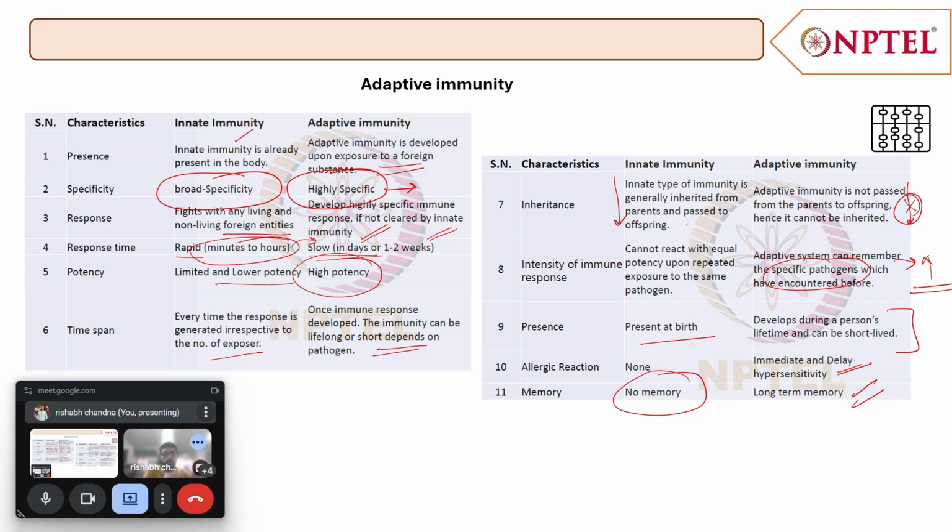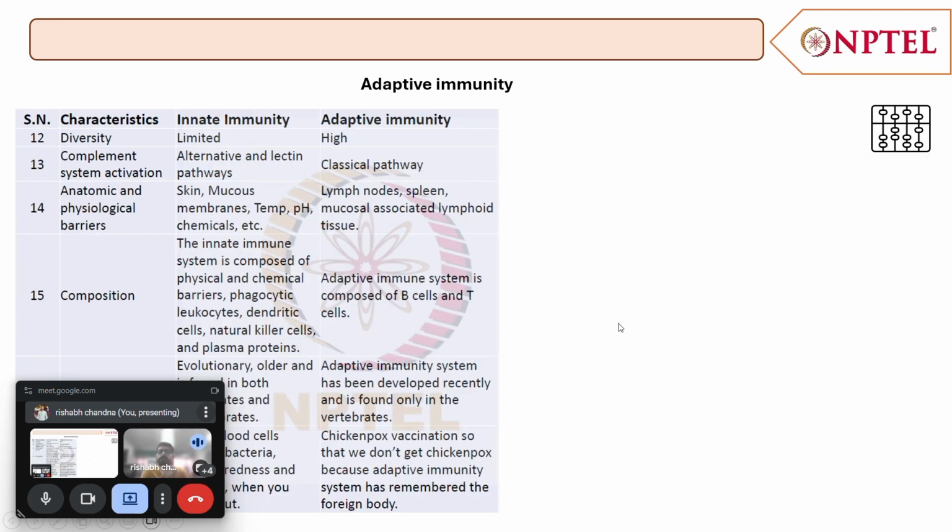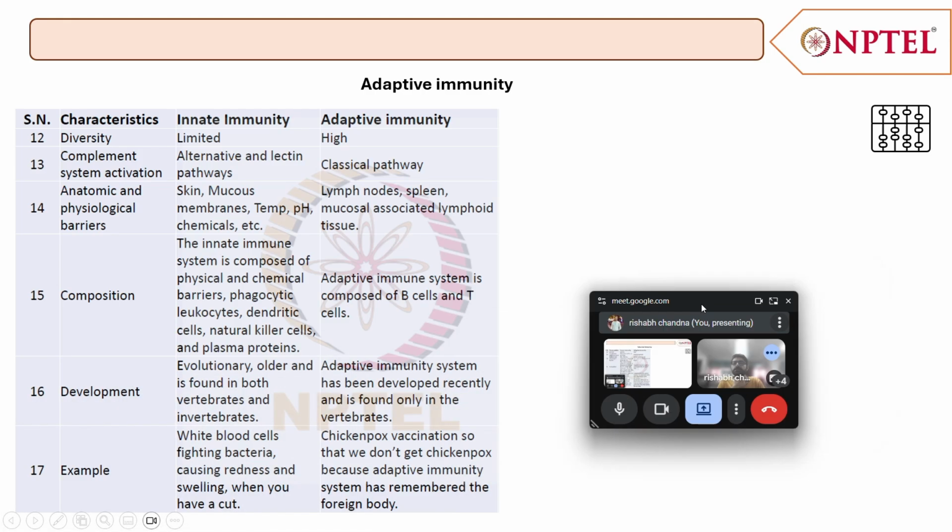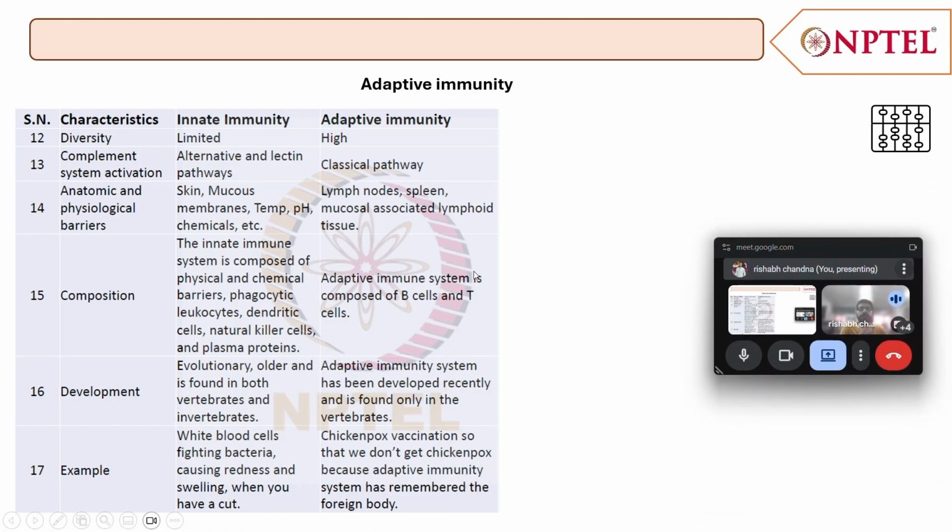Then, the diversity of the innate immune system is limited, while that of the adaptive immune system is high. For complement system activation, innate immunity uses the alternate and the lectin pathways, and adaptive immunity uses the classical pathway because of the involvement of the antibodies.